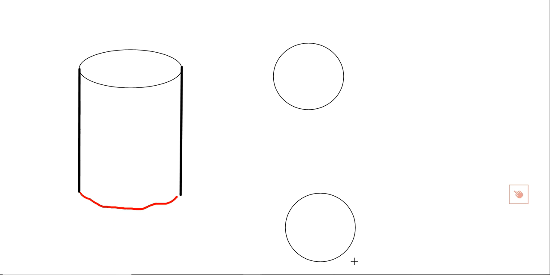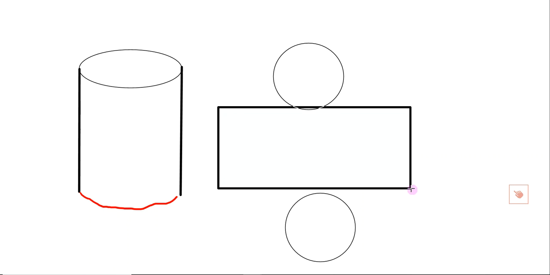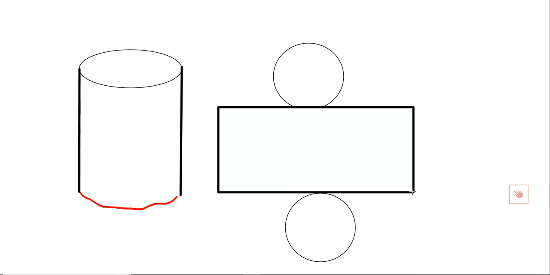If you open it out, it is a rectangle, okay? So we have to draw a rectangle. So if I draw my rectangle like that, now the question is, what are the dimensions of the rectangle? So this one is the height of the cylinder, so that's just the height.